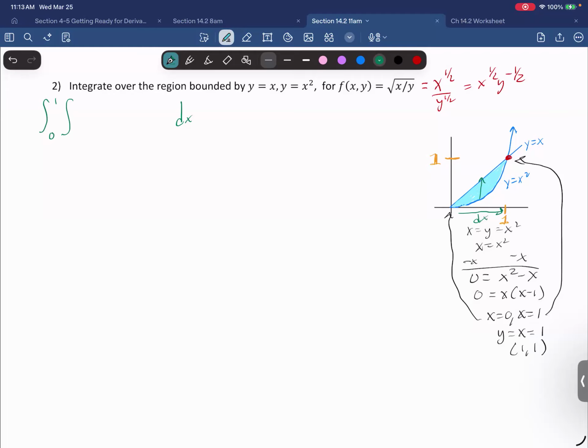The lesser boundary is x squared, and the greater boundary is x. I'm going to use the words greater and lesser rather than upper and lower, because if you go left to right, upper and lower is meaningless. But greater means moving further to the right. And that would give us the dy on the inside, and then we still have f of x, y.